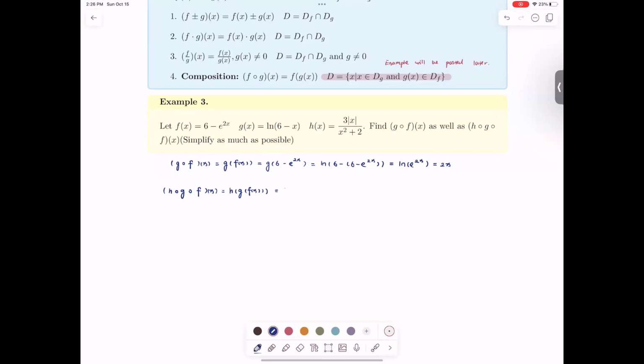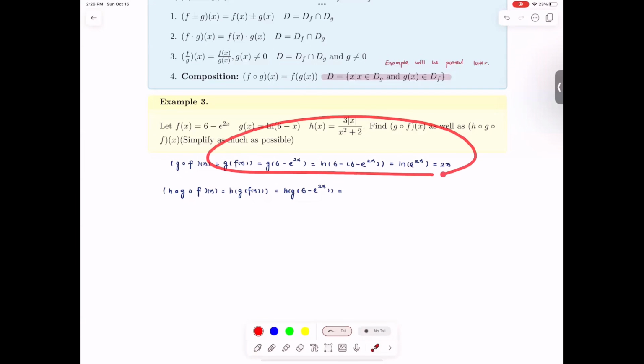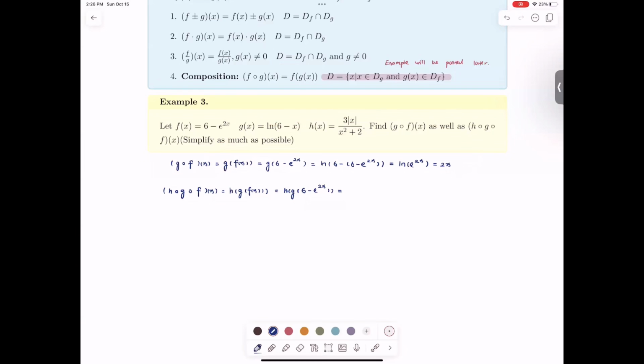So h of g of, put f of x in there, that's gonna be 6 minus e to the 2x, right? The first part is basically the same as here, but I'm just doing it again to show you how it works. So that's h of g of x is ln of 6 minus x.